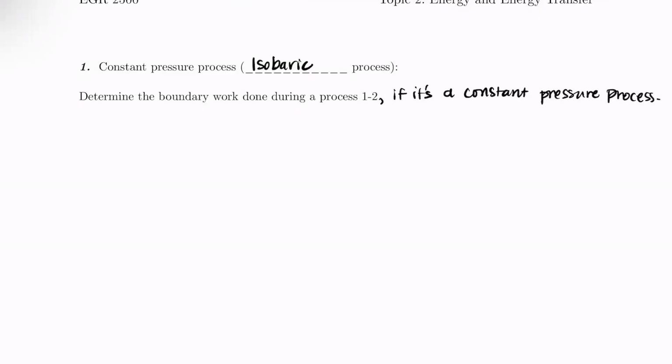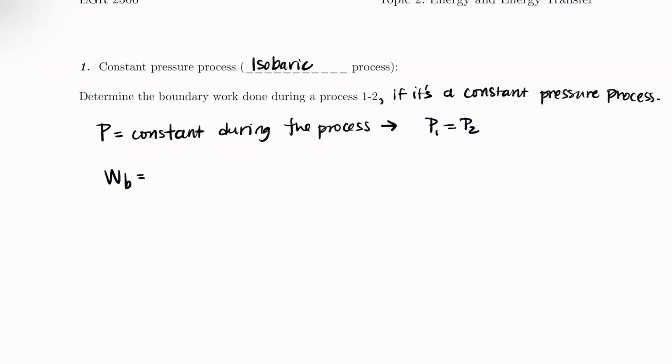If P is constant during the process, that means P1 is equal to P2, right? Pressure is not changing. And if you remember, WB is equal to the integral from 1 to 2 of P dV.